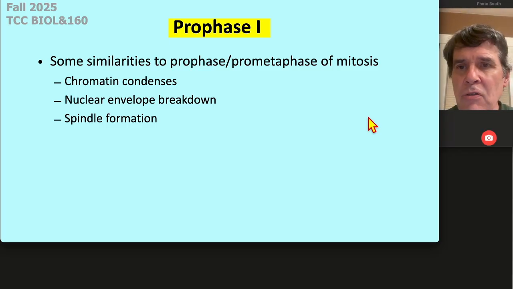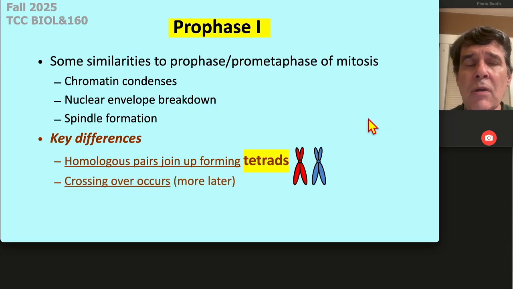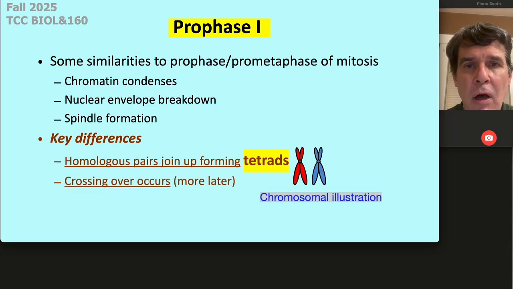Here, a little chance to notice the key differences between prophase 1 of meiosis and prophase of mitosis. The same condensation of the chromatin into chromosomes. The nuclear envelope disappears. The spindles are evident, but now the homologous pairs form up in their corresponding partners.